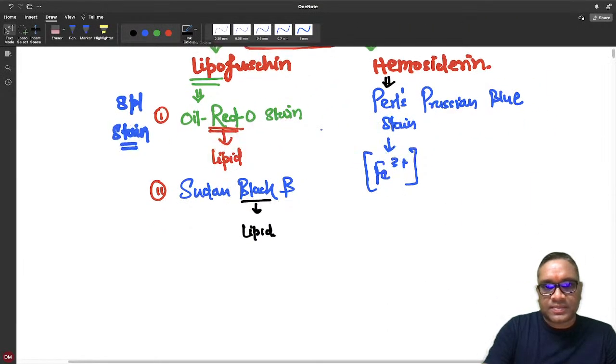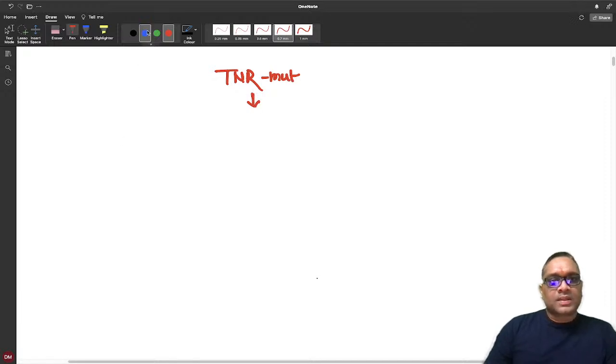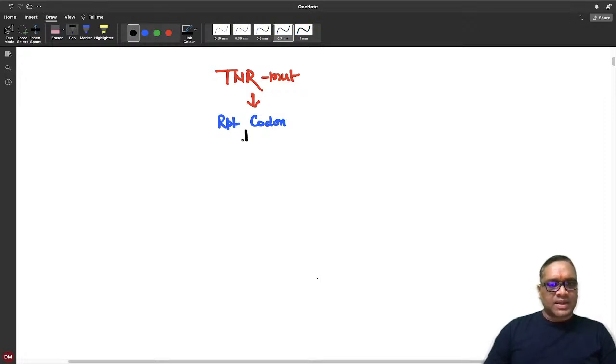What happens here? In trinucleotide repeat mutation disorders, there will be repetitions of the codon present in the triplet. And when these codons amplify after some time, they will show you the disease also.